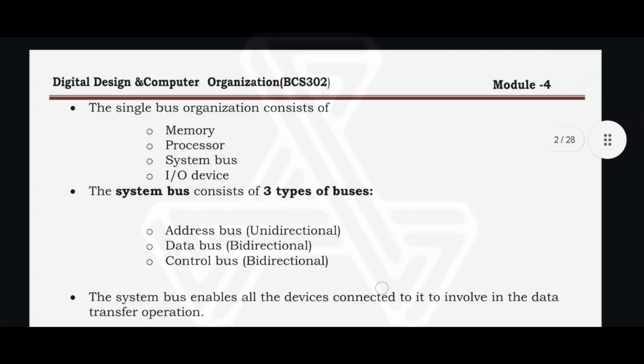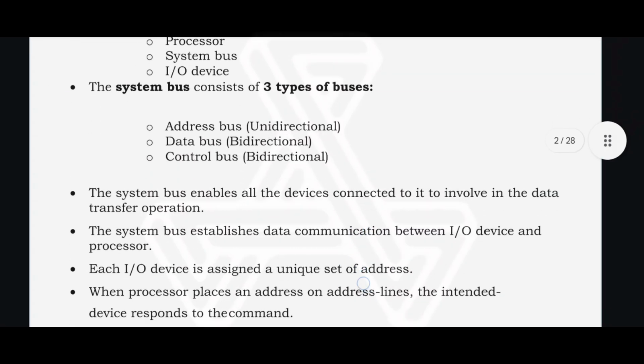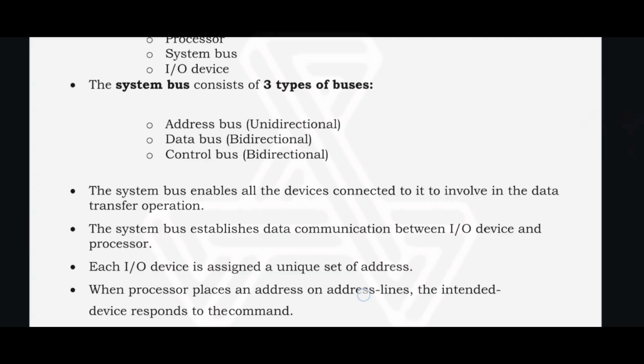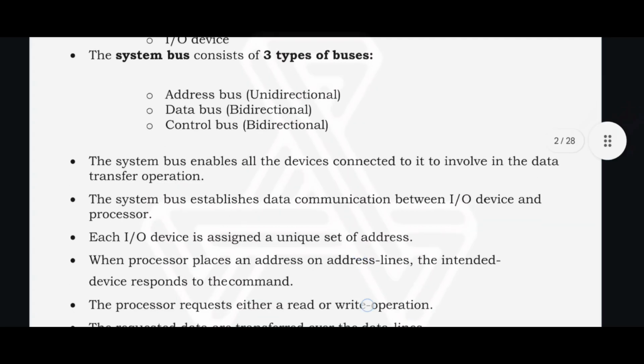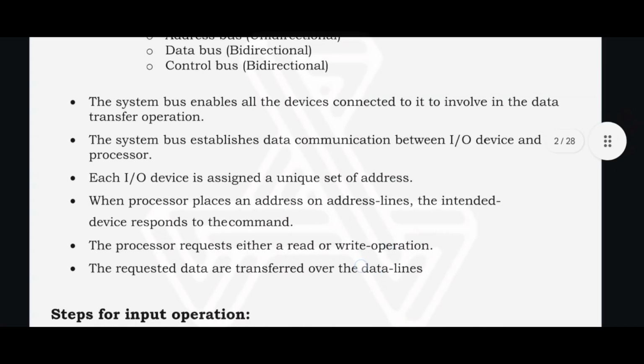The system bus consists of three types of buses: address bus, unidirectional; data bus, bidirectional; control bus, bidirectional. The system bus enables all the devices connected to it to be involved in the data transfer operation.